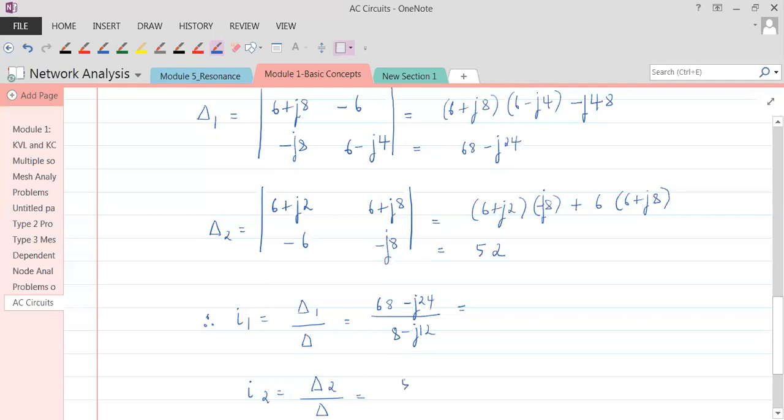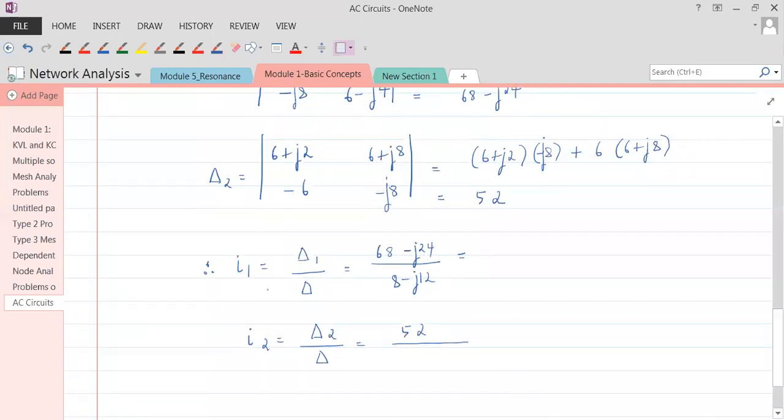Manually we can do it, I'm not saying we cannot, but practice with calculators, because we'll have more complex entities when we go further. Anybody? So this is 4 plus j3, and your I2 is 2 plus j3.